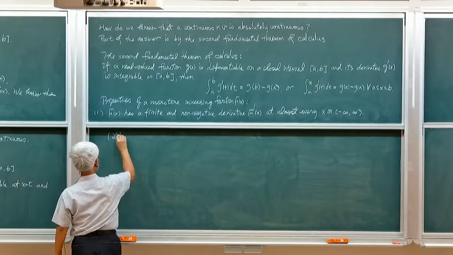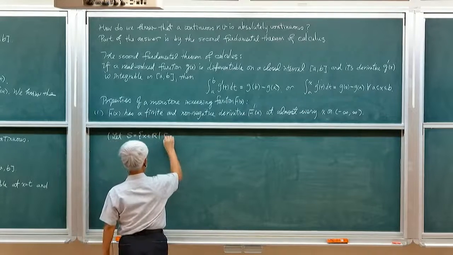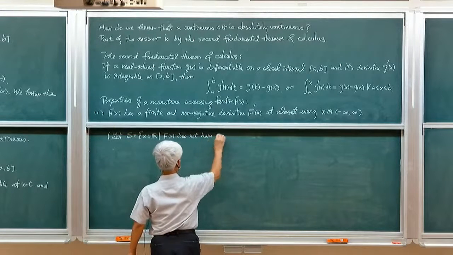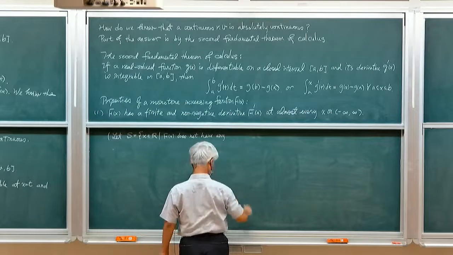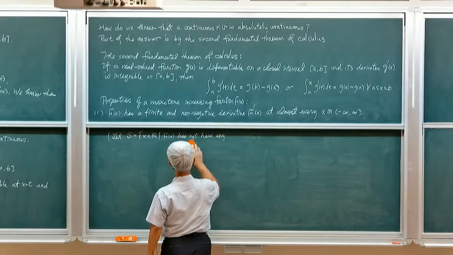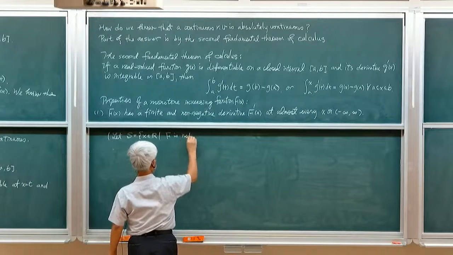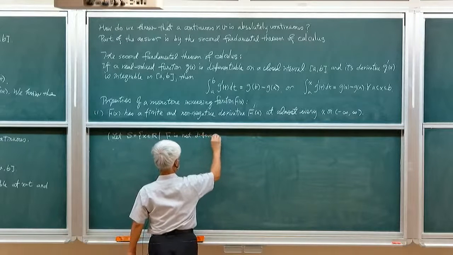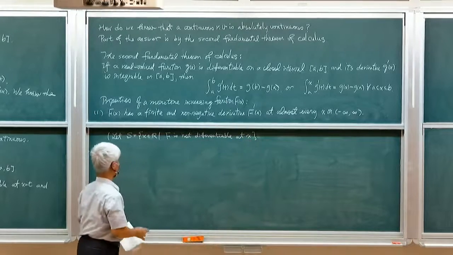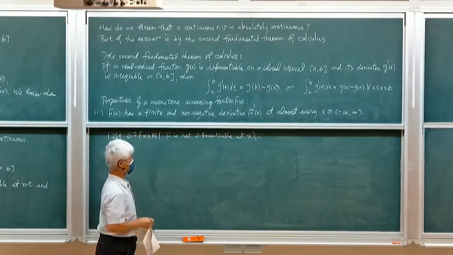Let X be the set such that f is not differentiable at X. Okay, so suppose we define X to be the set of all points such that f is not differentiable.